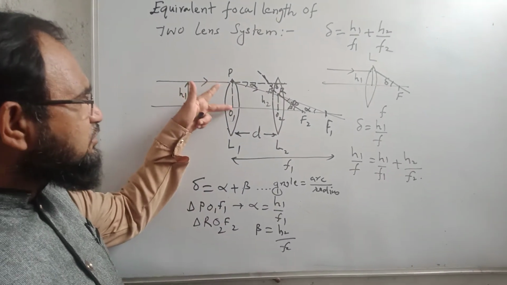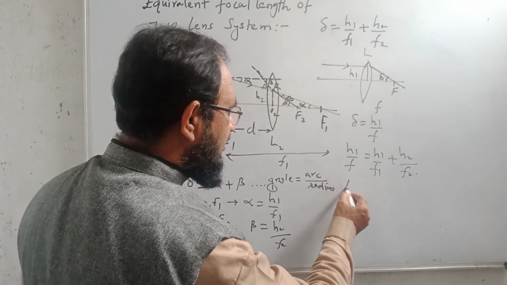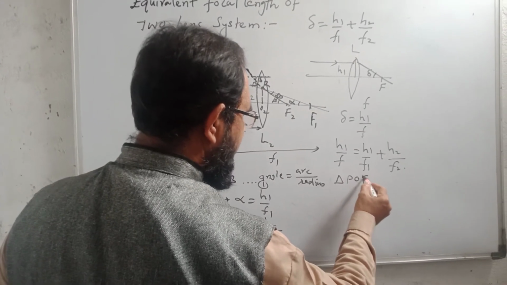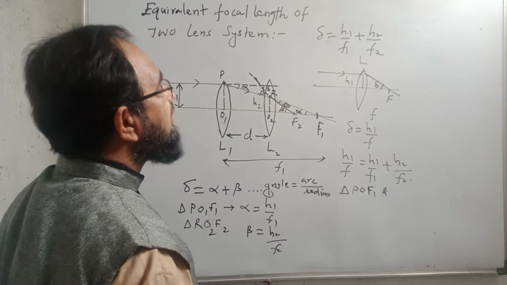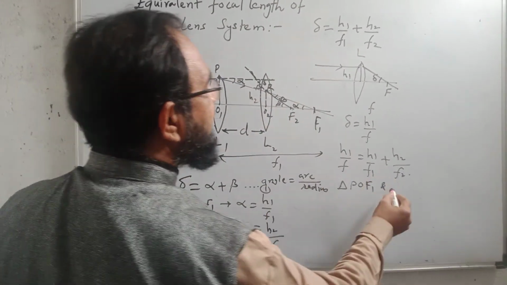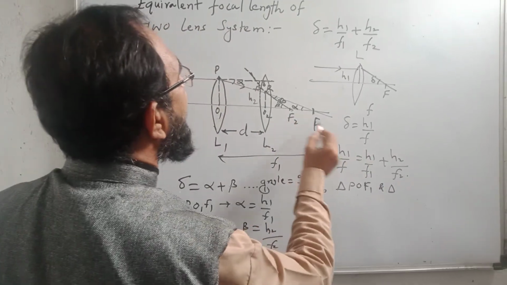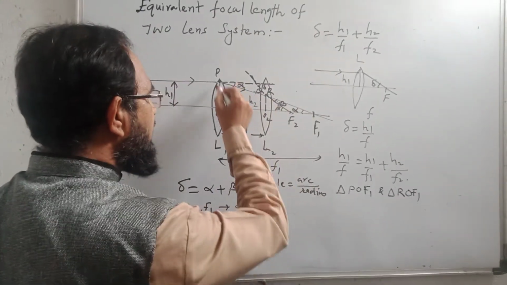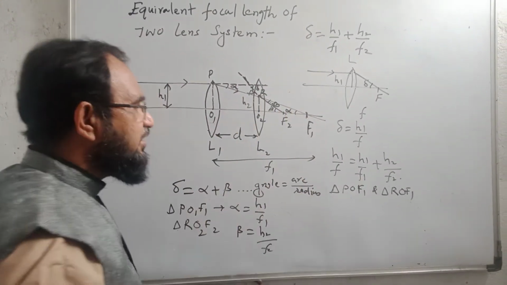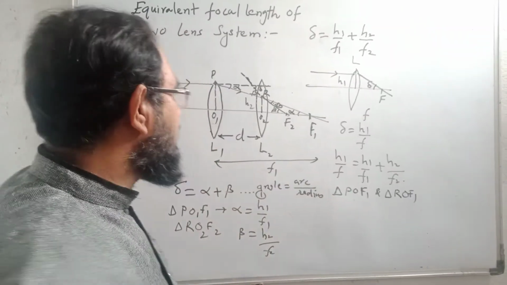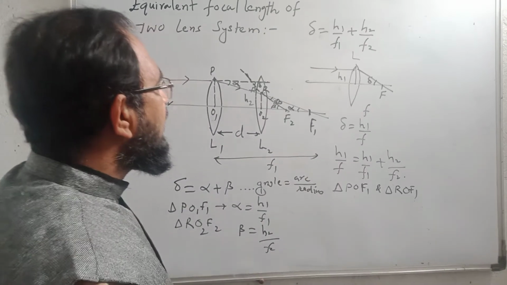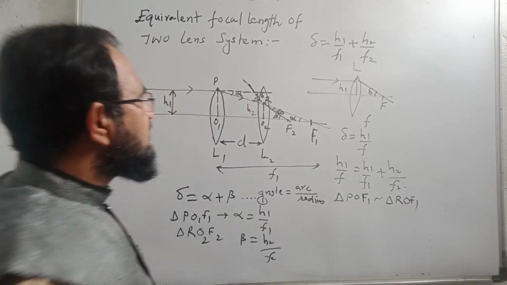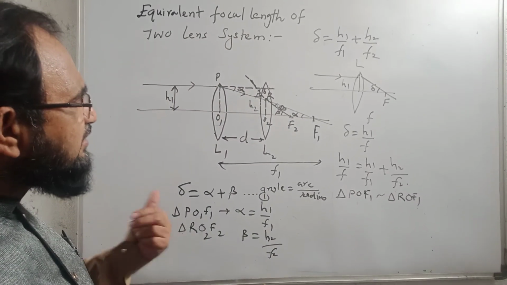Now consider the triangles P O F1 and R O F1. These two triangles are similar because the angle at O1 and O2 is 90 degrees.